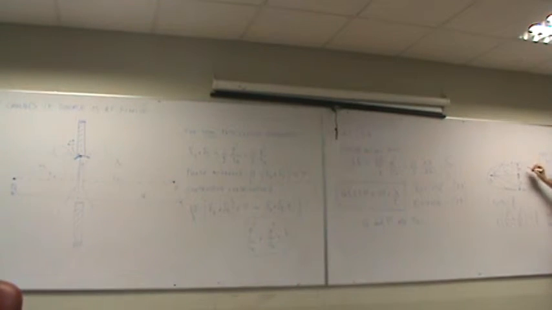For all the points that are internal, let me put it this way, delta 1 plus delta 2 is less than lambda divided by 2. All the points on the perimeter of the ellipse have delta 1 plus delta 2 equal to lambda divided by 2, and all the points external to this ellipse have delta 1 plus delta 2 greater than lambda divided by 2.